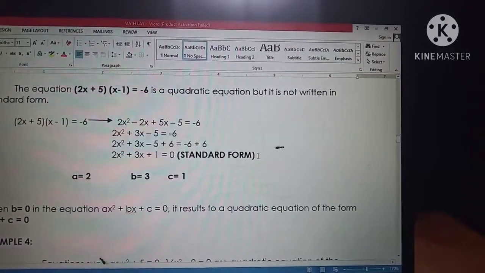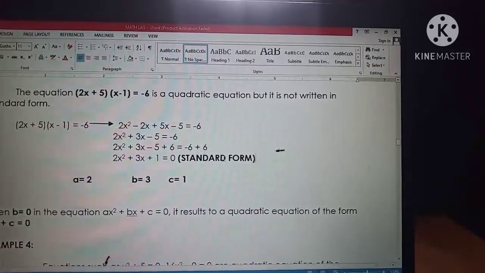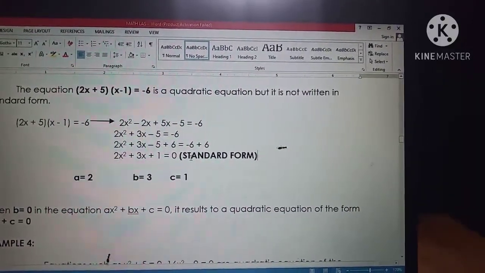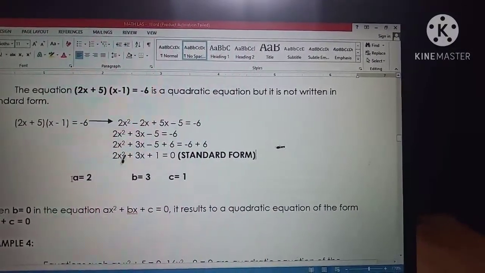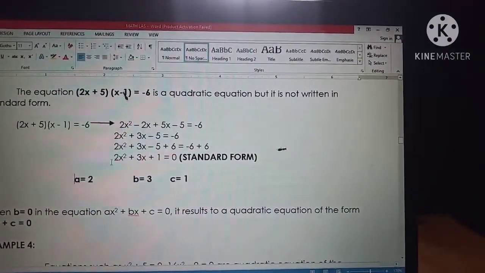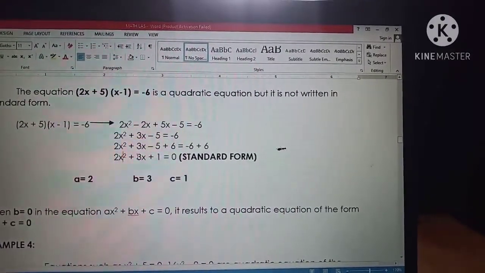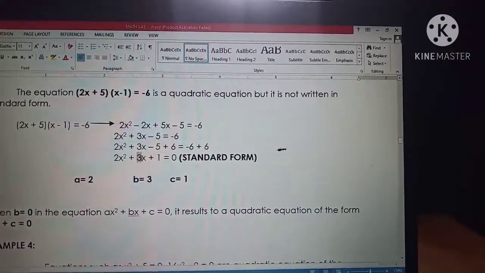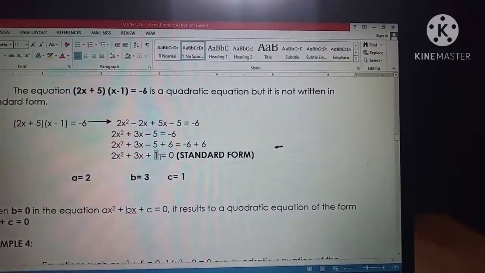So, kapag naka-standard form na siya, madali na nating ma-identify si quadratic, linear, at constant term. So, si quadratic term natin or si A natin sa equation na ito ay si 2. So, yung B natin or linear term ay si 3. At saka yung constant term natin na si C ay 1.